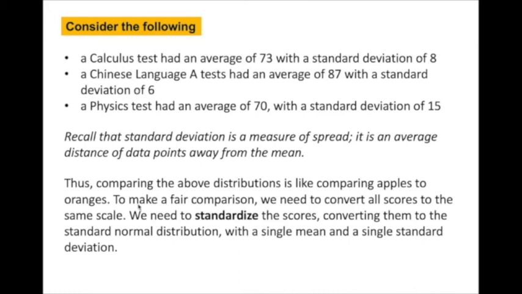To make a fair comparison, we need to convert all scores to the same scale, meaning we need to standardize the scores, converting them to the standard normal distribution with a single mean and a single standard deviation. So we need to convert all of these so that they all have the same mean value and the same standard deviation.